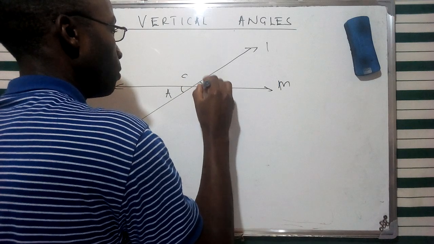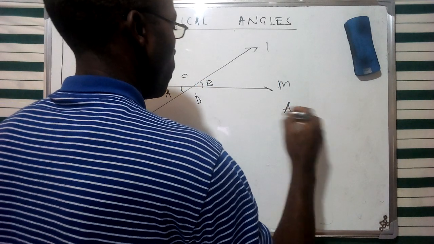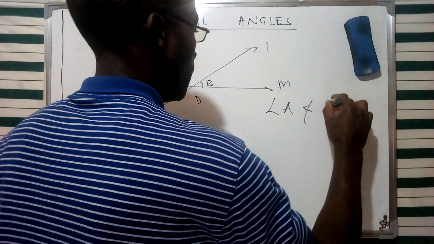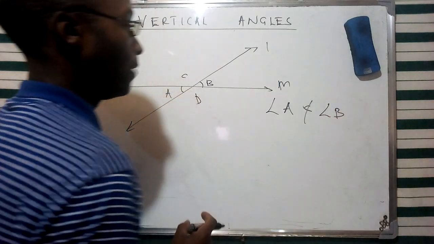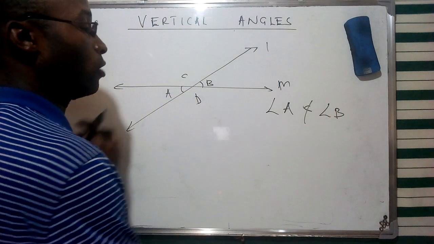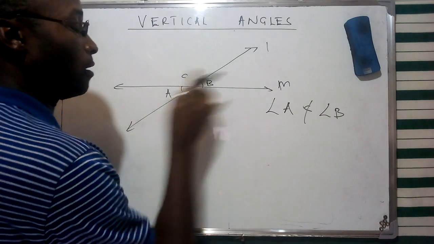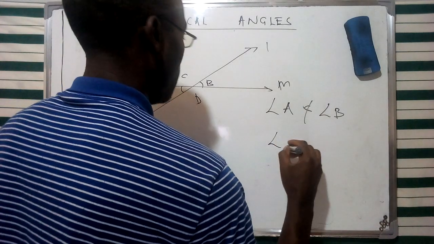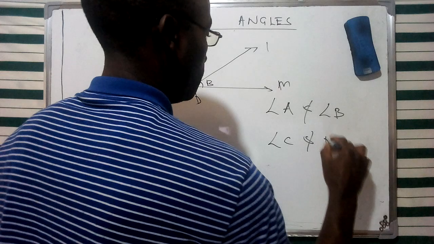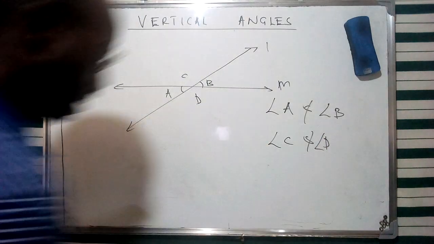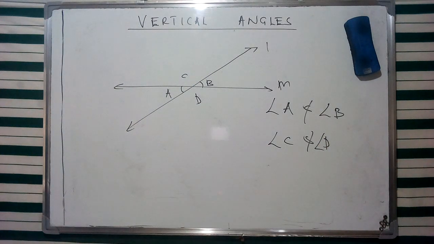When I refer to angle A and B, they are the specific representation that I've given. And angle C and D form two sets of what we refer to as vertical angles.